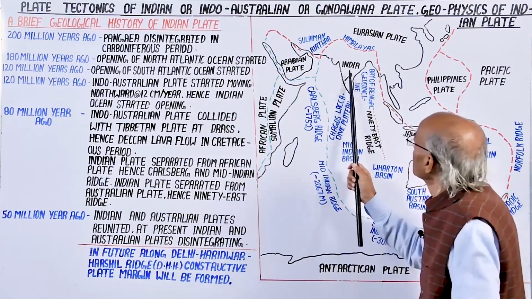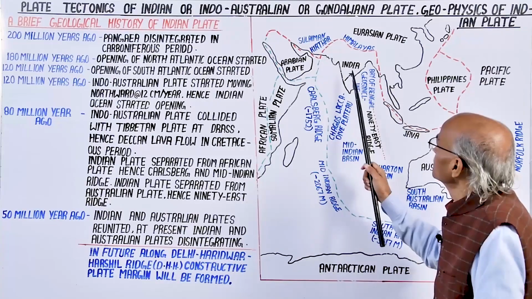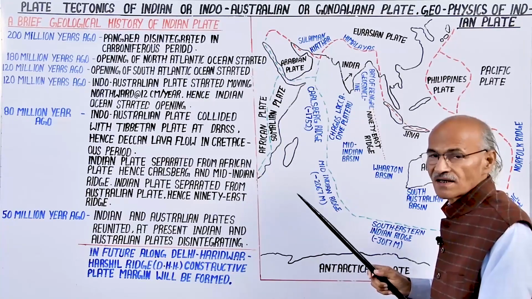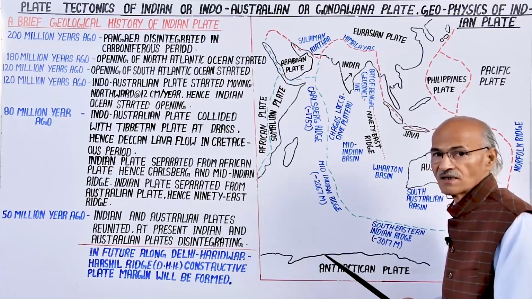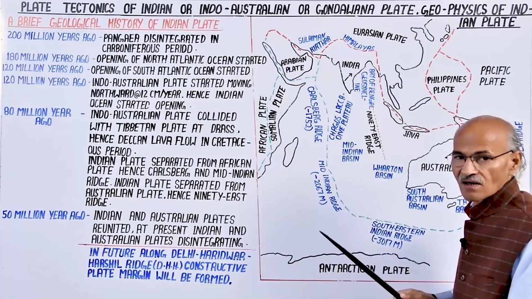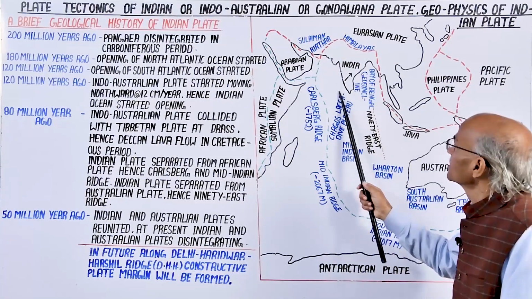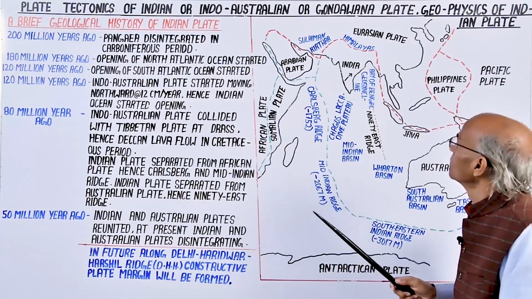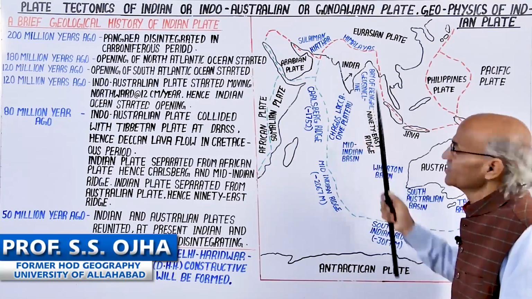Why did the Indian plate and Australian plate get separated? We have already discussed it: due to deceleration of the speed of the Indian plate and its redirection towards the northeast. Second very important point of separation is that when the western hard Aravalli collided with the Tibetan plate near Dras, its western part was forced from below and raised up, resulting in the drainage of the Indian plateau from west to east.